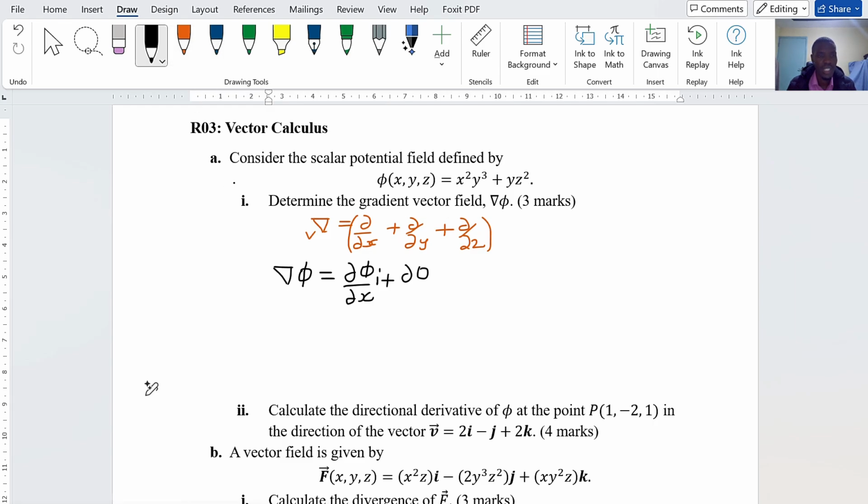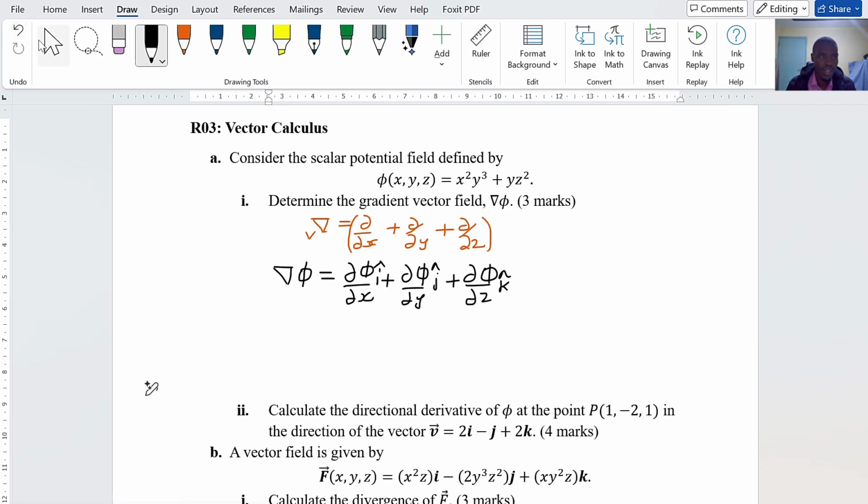In fact, that is what we should know. The gradient acts on a scalar field to give you a vector. So that is i, then d phi over dy j, then plus d phi over dz k. So the gradient operates on the scalar field and gives you a vector field.